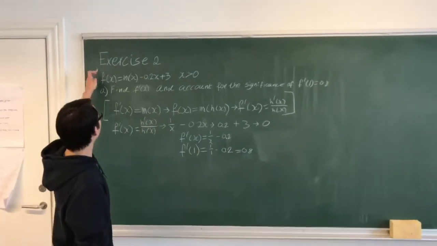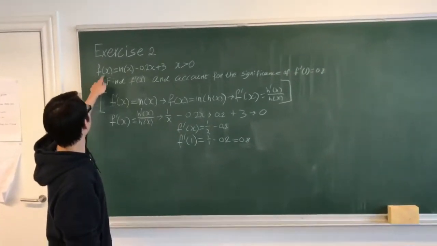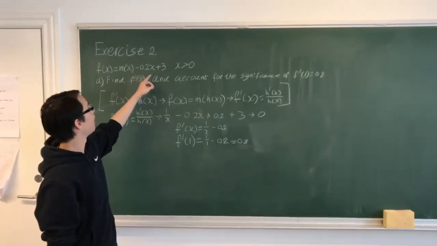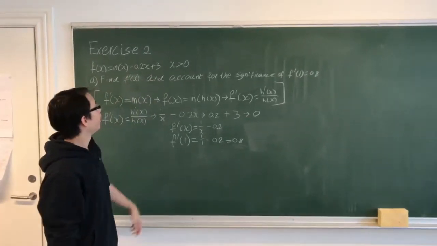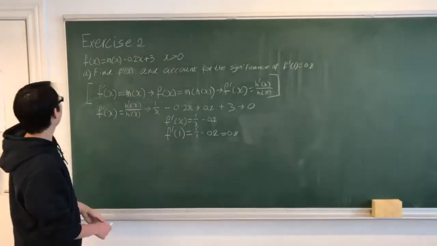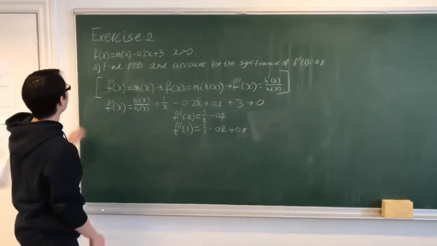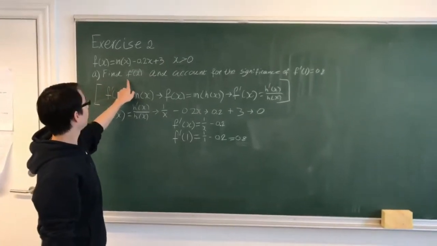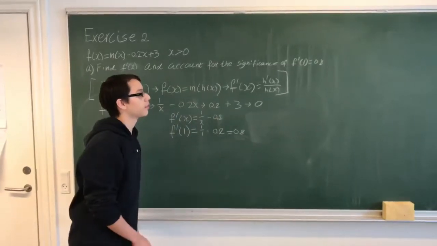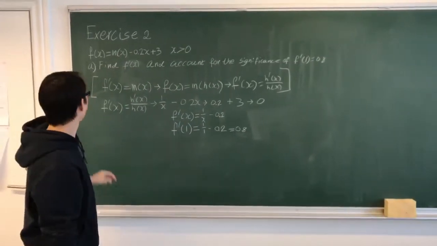Alright, for exercise 2, we have the function f of x equals the natural log of x minus 0.2x plus 3, and x is greater than 0. So exercise A is find f dash of x and account for the significance of f dash of 1 equals 0.8.